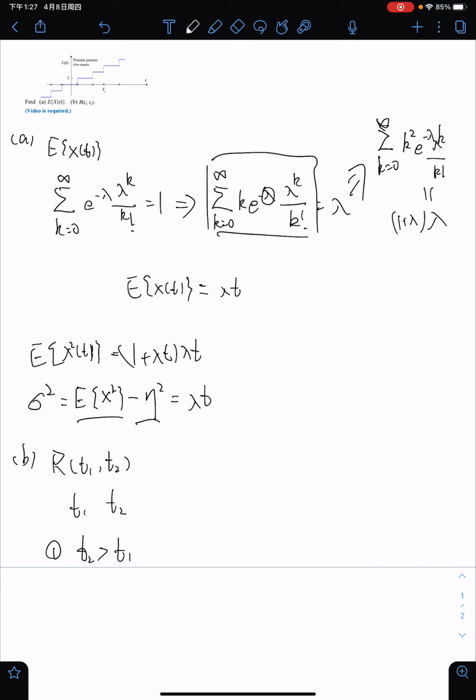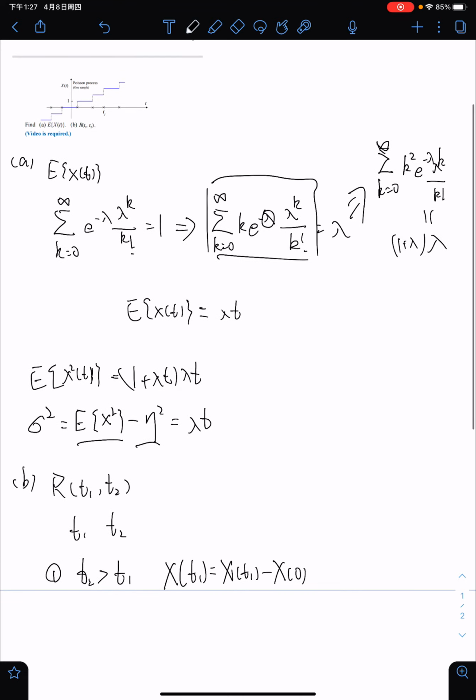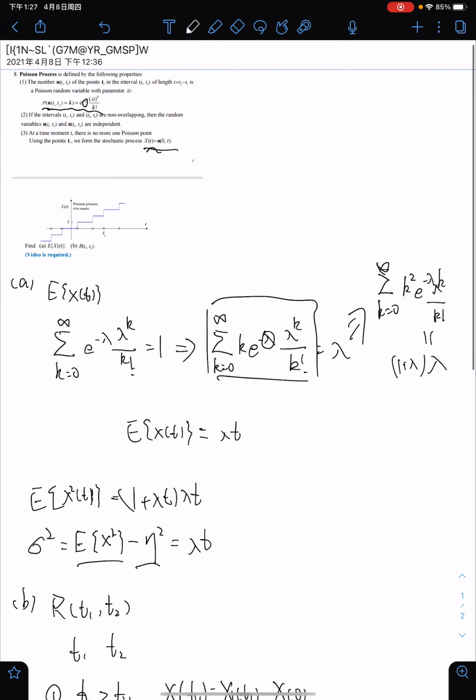And here we will know X(T1) equals X(T1) minus X(0). This is from 0 to T1, the number of calls in this interval, because we have this relationship.